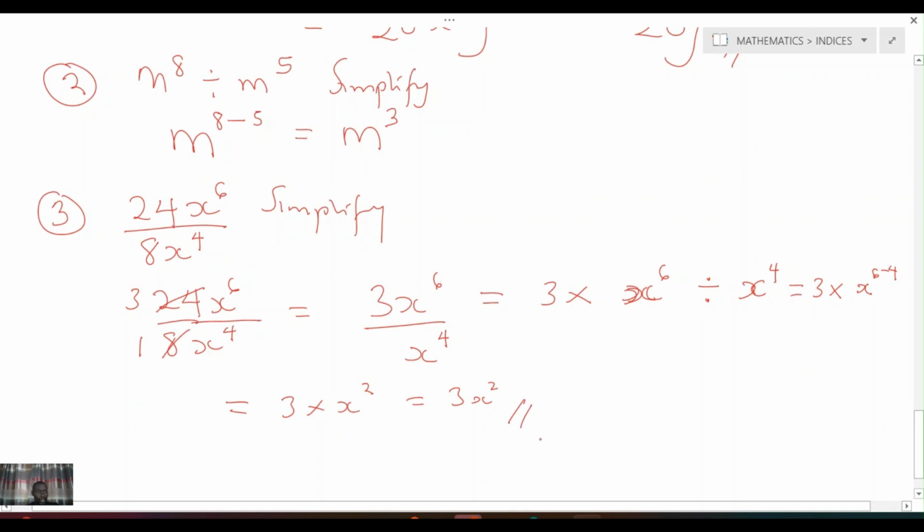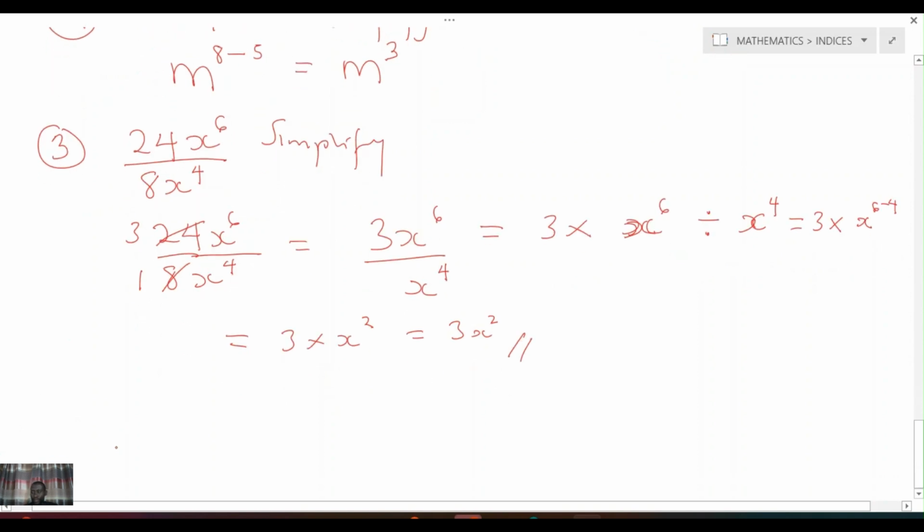This is the answer. Okay, let's look at exercise number 4. Simplify 9a raised to power minus 5 times 5a raised to power 6.